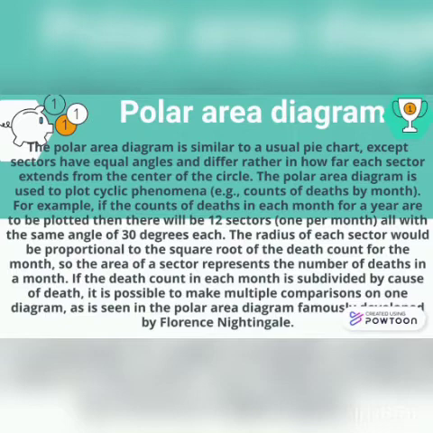For example, if the counts of deaths in each month for a year are to be plotted, there will be 12 sectors, all with the same angle of 30 degrees each. The radius of each sector will be proportional to the square root of the death count of the month. So the area of a sector represents the number of deaths in a month. If the death count each month is divided by cause of death.